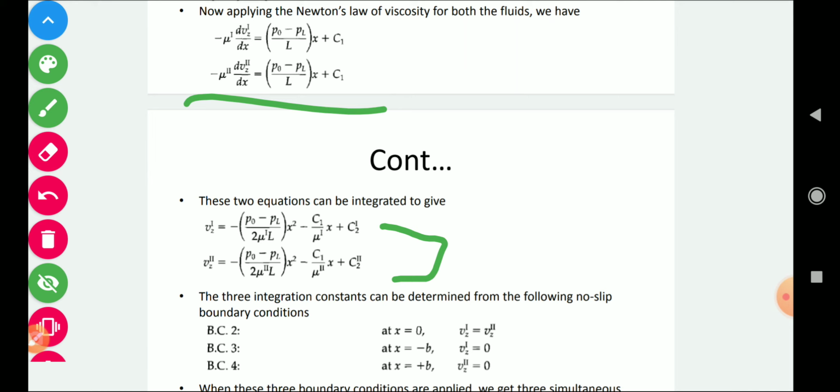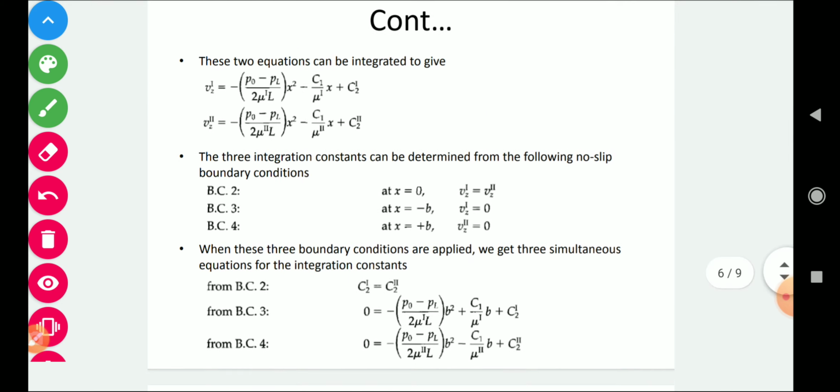Now these equations again have three constants. The first one is C1, another one is C21, and the third one is C22. To remove these three constants, we require three boundary conditions. So the boundary conditions are at x equal to 0, the interface, where the velocity of fluid 1 will be equal to the velocity of fluid 2.